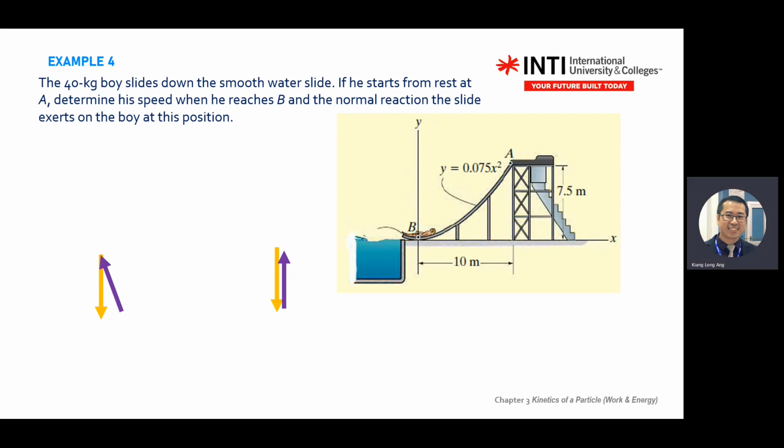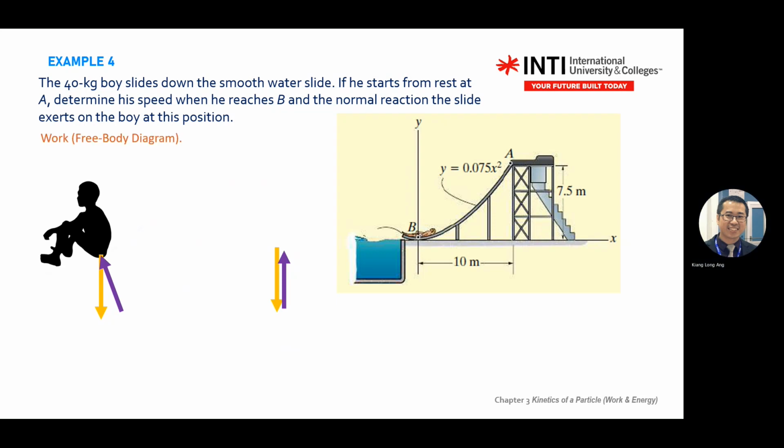So the boy slides down on the smooth water slide here from A to B. He starts from rest at A, so you're given the velocity at A. Determine the speed again when you reach B, and the normal reaction exerted on the body at this position.